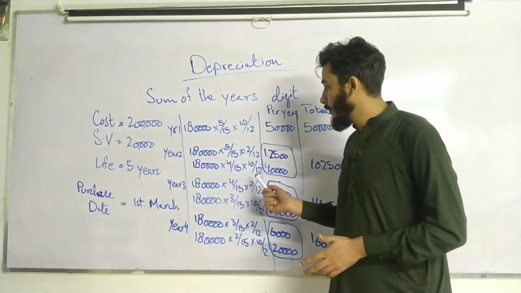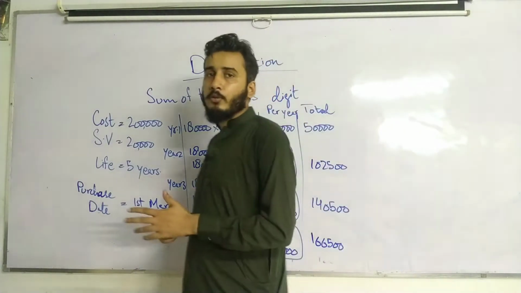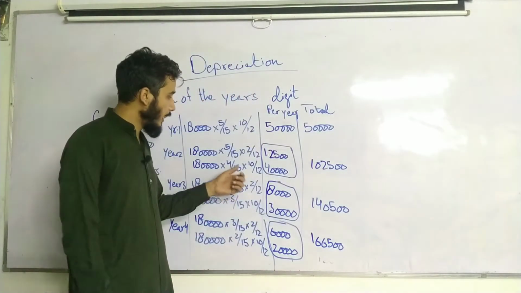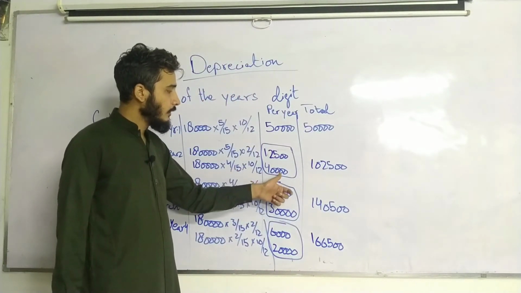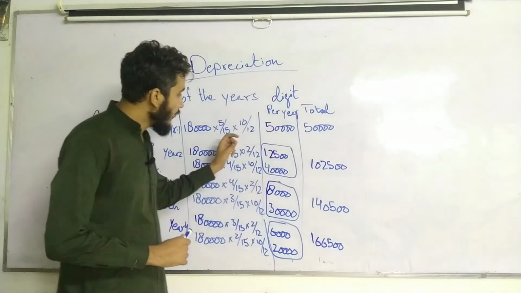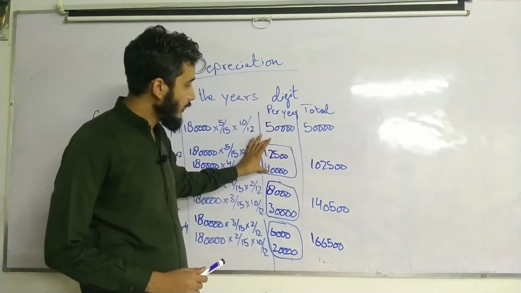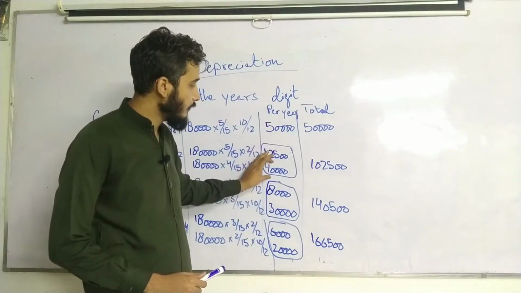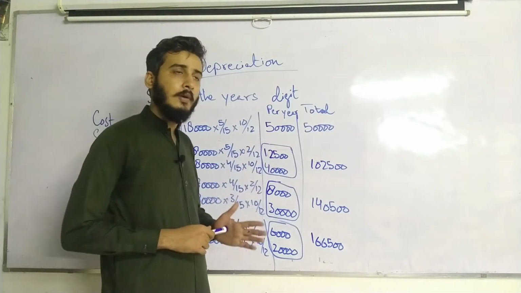Now 10 months are only left, so we will give it to the 4th factor. Now 10/12, and this is the total depreciation while applying this. Now the total depreciation for the year is 12,500 and 40,000, meaning 52,500.